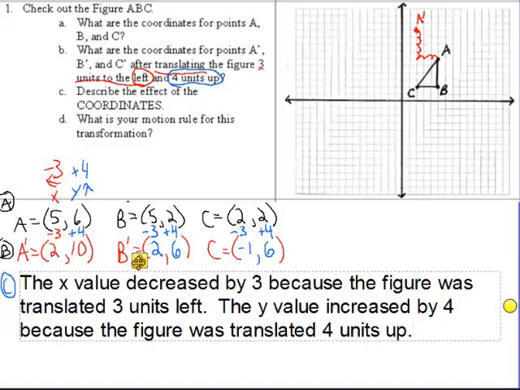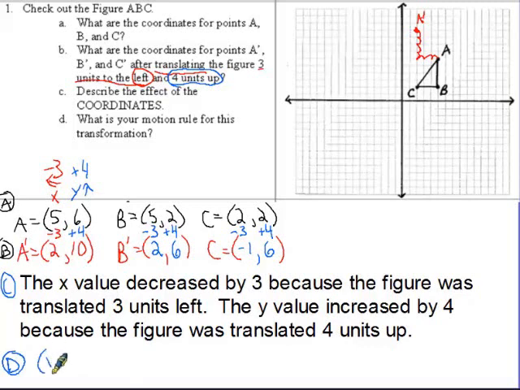And so now let's look at D. What is your motion rule for this transformation? So if I was going to write a motion rule for this particular transformation, it would look something like this. And I'm not real strict on how you write it. There is a formal way to write it where it looks like x and y, and then you have an arrow, and then in this case it would be x.